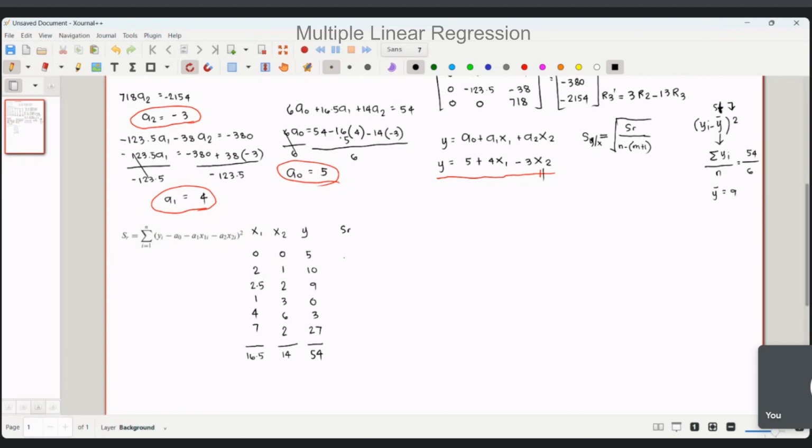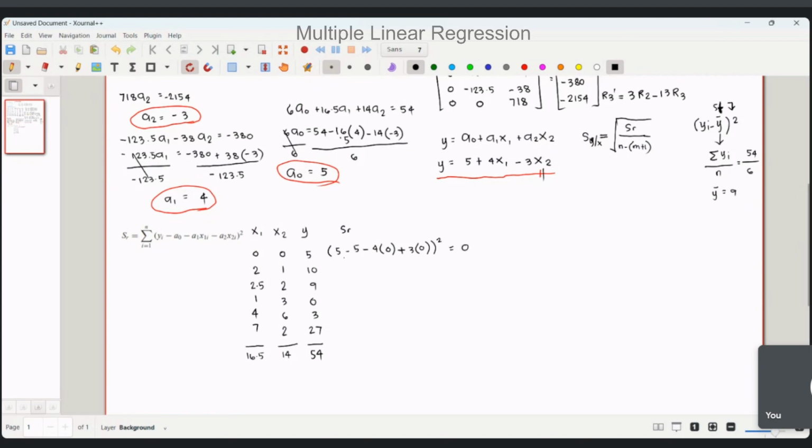So that's 5 minus, pila mo na tong A sub 0? 5. 5 minus 5 minus 4 times 0 plus 3 times 0 squared. So therefore, zero na, miss.